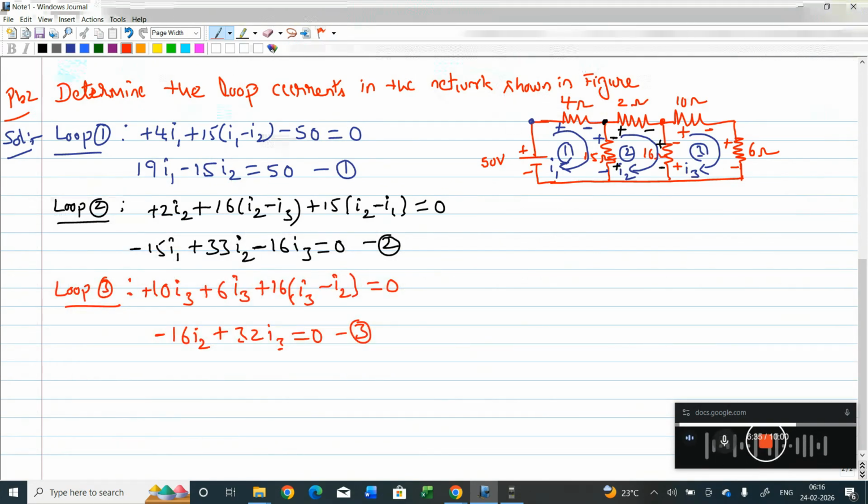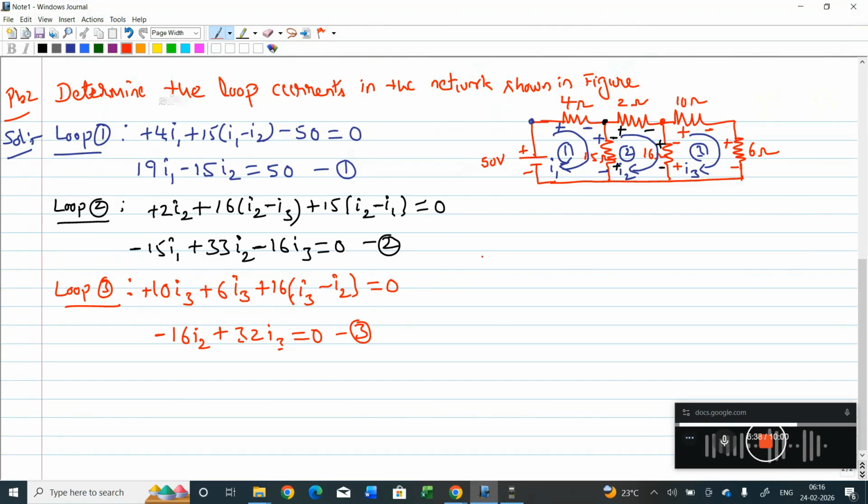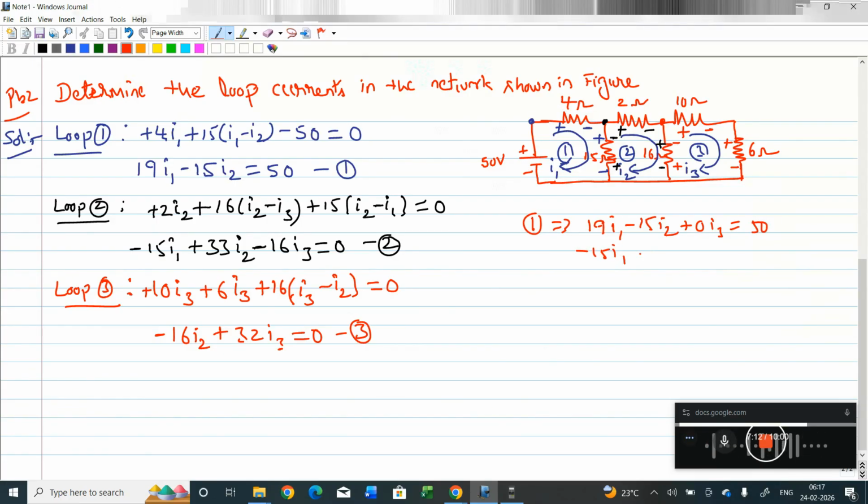On solving these three equations, we will get the I1, I2 and I3 values. First, let's write these equations with all three unknowns in each equation so that you can easily solve them. The first equation becomes 19 I1 minus 15 I2 plus 0 I3 equal to 50, and the second is minus 15 I1 plus 33 I2 minus 16 I3 equal to 0.